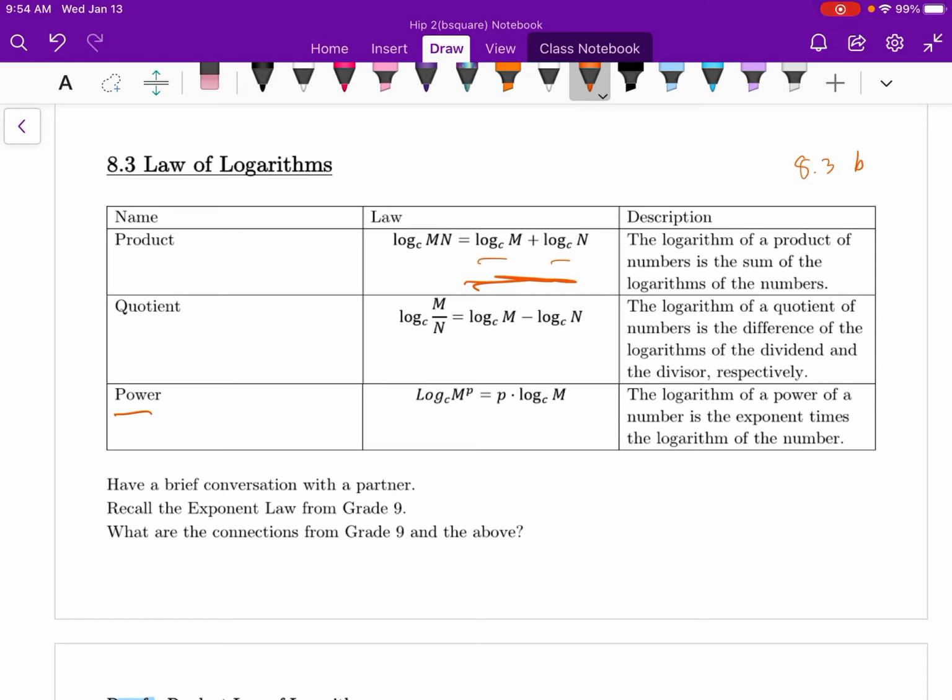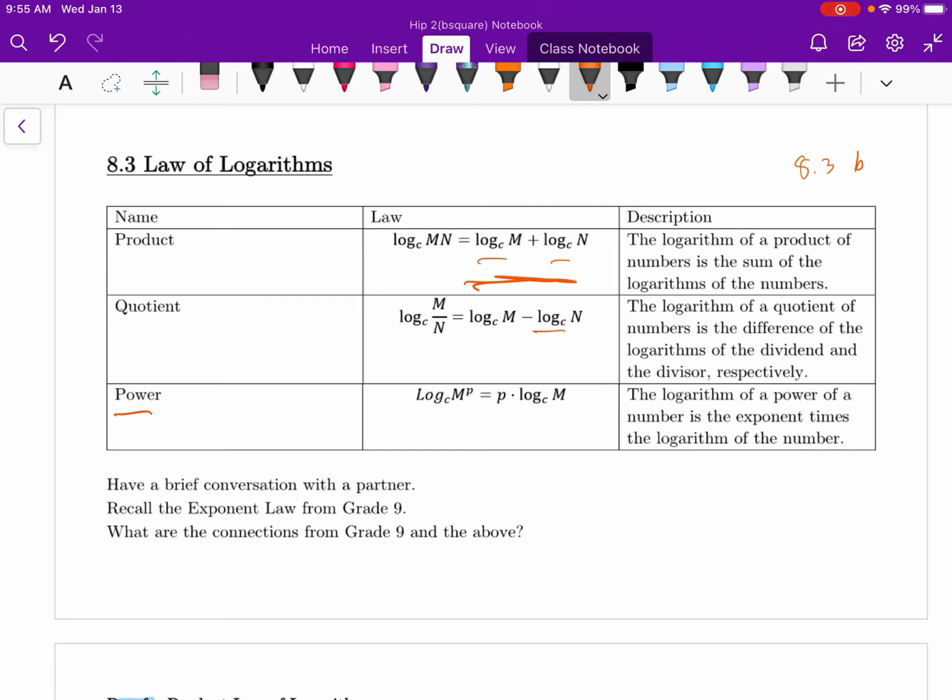So the logarithm of a quotient of numbers is the difference of the logarithms of the dividend and the divisor, respectively. Basically, the exponent of the numerator has to go first, and the exponent of the denominator has to be the second number being subtracted.